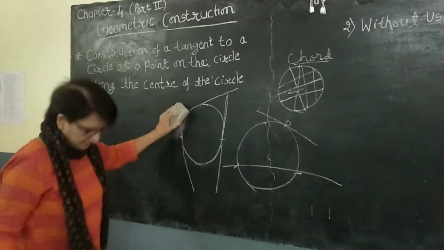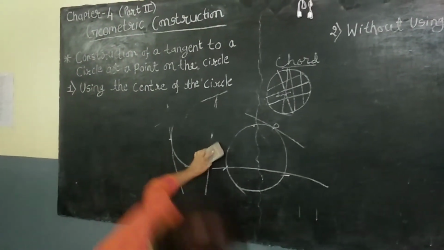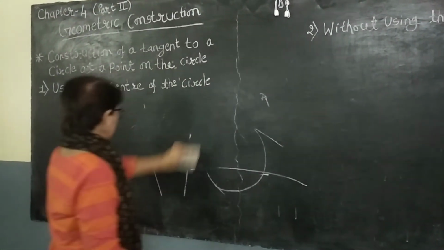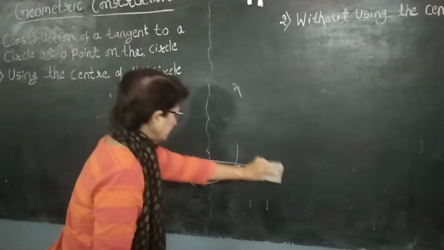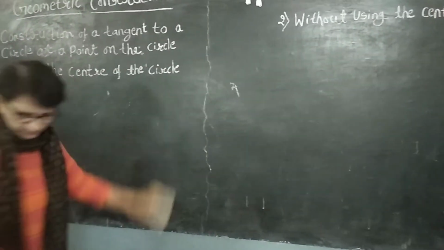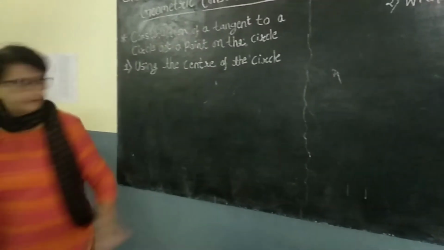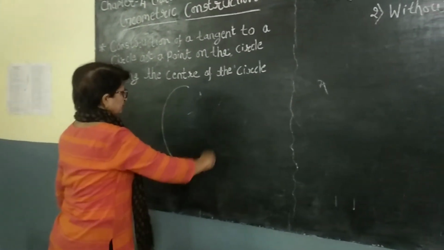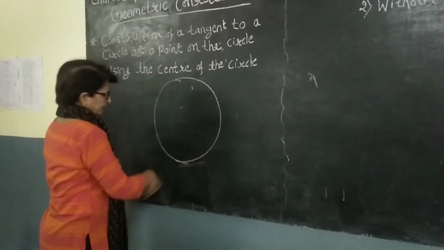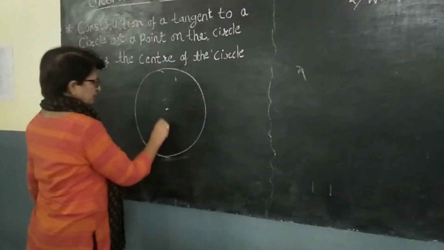Now what is it saying? It is telling us that we have to draw a tangent to a circle. So how to draw a tangent to a circle? Draw a circle. Then this is the center of the circle.